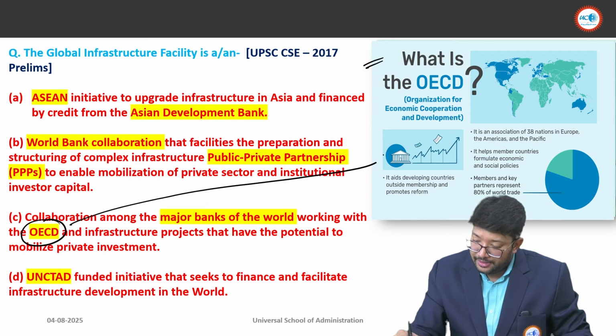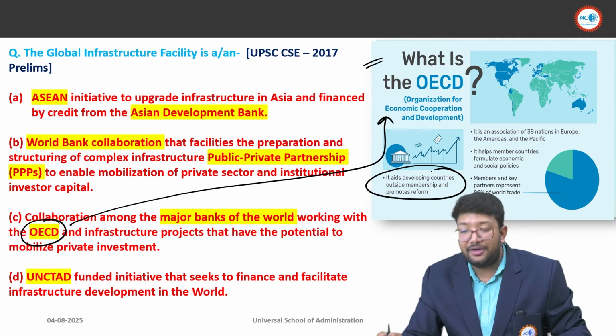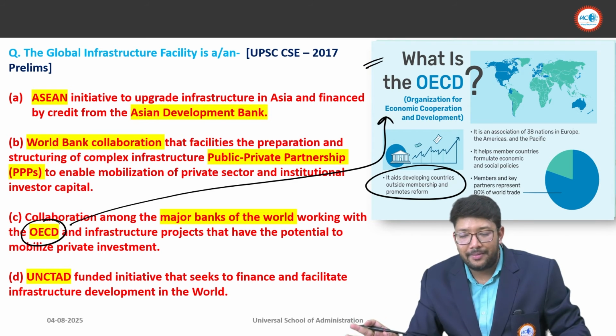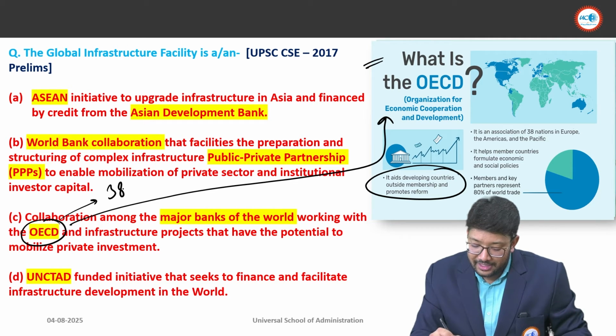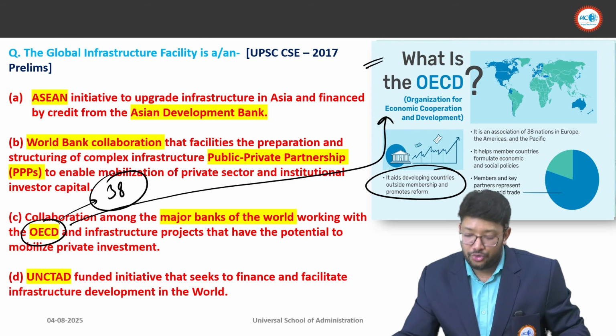OECD is the Organization for Economic Cooperation and Development. It aids developing countries. So basically, all the OECD members are generally considered developing countries. There are 38 nations, including American, Pacific, and European countries.